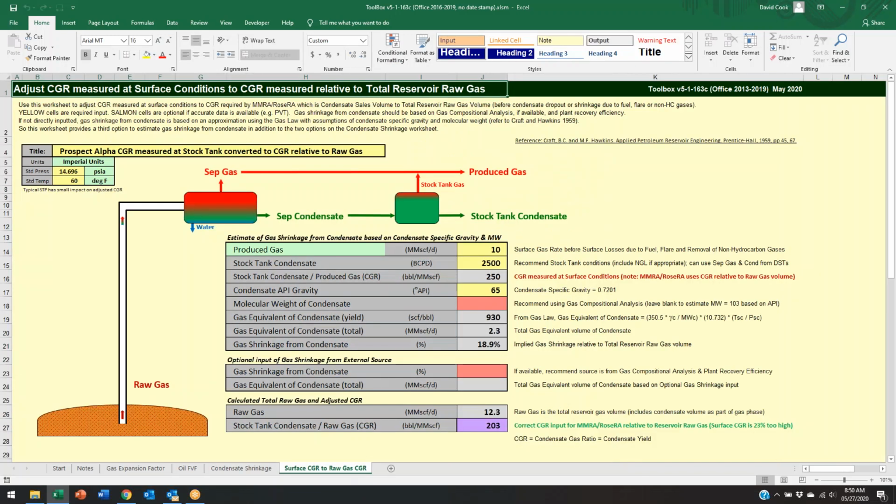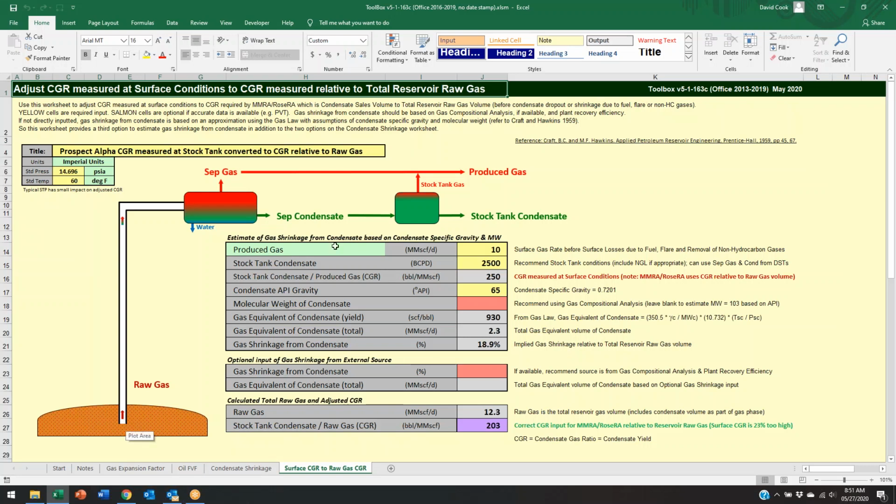Finally, there is a new worksheet that allows you to adjust a measured condensate gas ratio into what it should be in the subsurface.